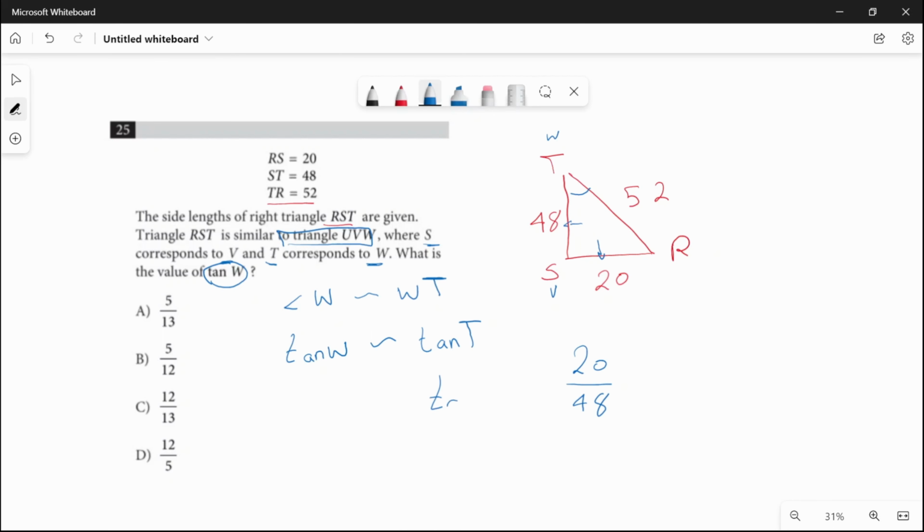So tan W is equal to 20 divided by 48. Simplifying that, we will have 5 over 12. So the answer for this question will be answer B.